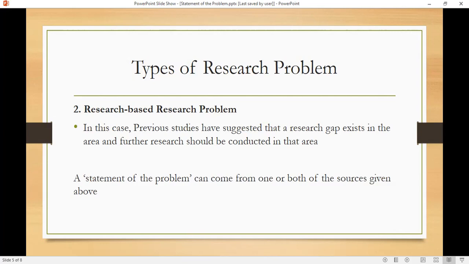It can also have all sources. For the statement of the problem you are working on, you may have some personal experience, there may be others' experiences also, and you will require recent studies in the local context that will support your statement of the problem.